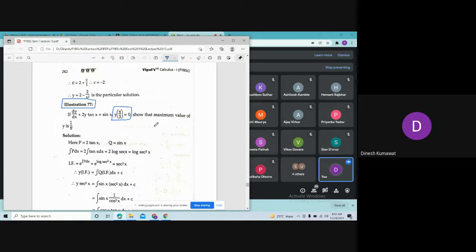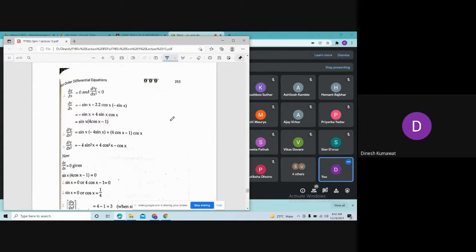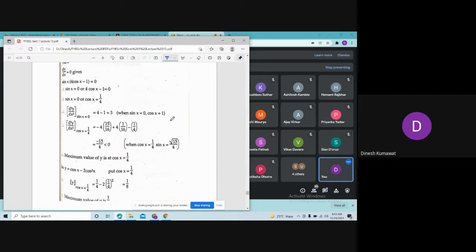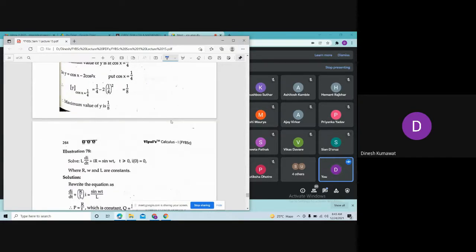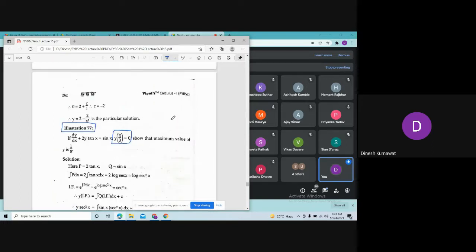See, there are two ways to check this maximum. Let me see what they used. Okay, they use the same thing. Okay, so there is only one way to check the maximum value, which you have already studied in your 12th standard. Yes, how are you going to calculate maxima minima?